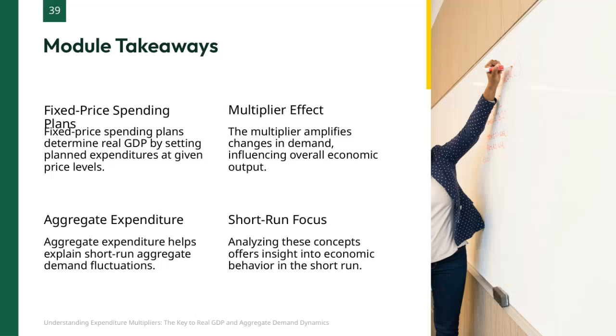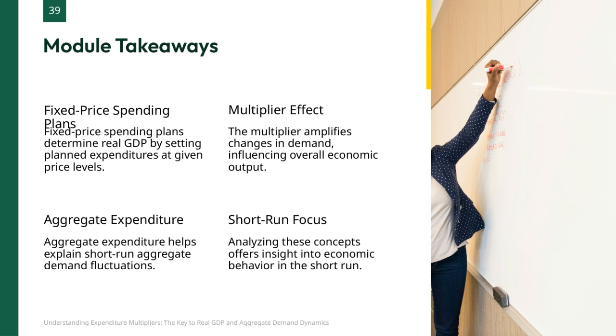As we wrap up, let's review the key takeaways from this module. First, fixed price spending plans play a crucial role by determining real GDP through planned expenditures at specific price levels. Next, the multiplier effect is important because it amplifies changes in demand, which in turn influences the total economic output.